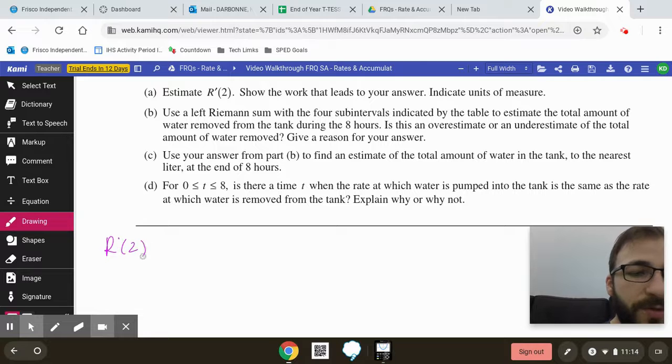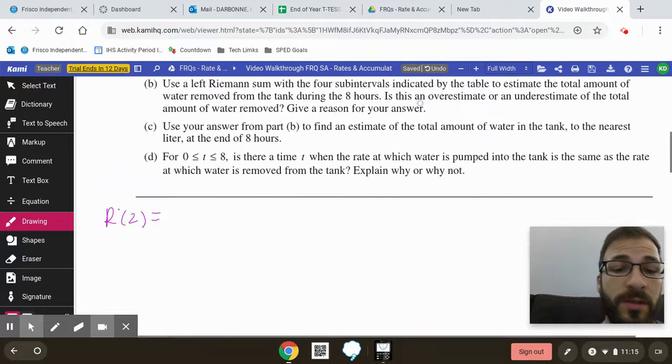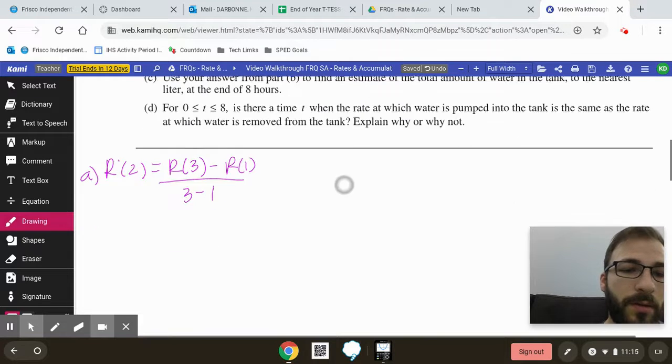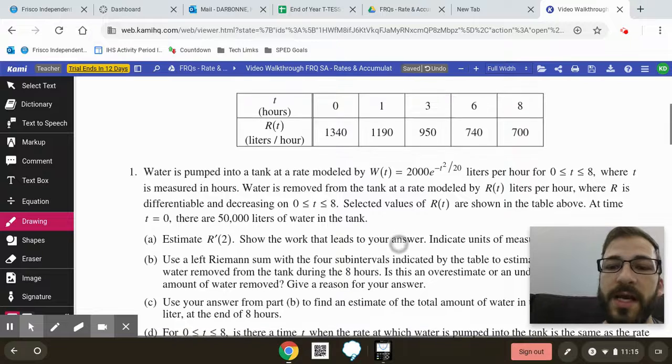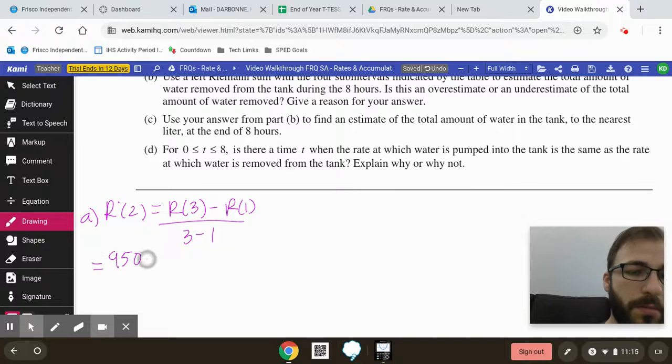R prime of 2 is equal to, we want to estimate 2, so we want to pick values on either side of 2, so 3 and 1. So R of 3 minus R of 1 over 3 minus 1. So R of 3 is 950, so 950 minus 1190 over 2.